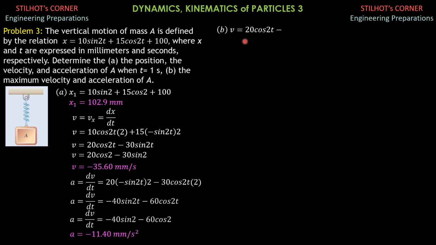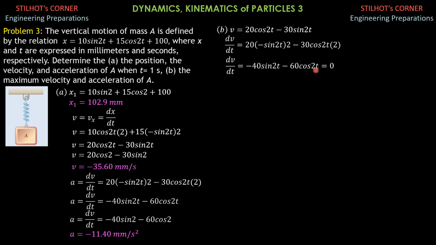So v equals 20 cosine 2t minus 30 sine 2t. Differentiating, dv dt is equal to 20 times negative sine 2t times 2 minus 30 cosine of 2t times 2. Simplifying, dv dt is equal to negative 40 sine 2t minus 60 cosine of 2t.